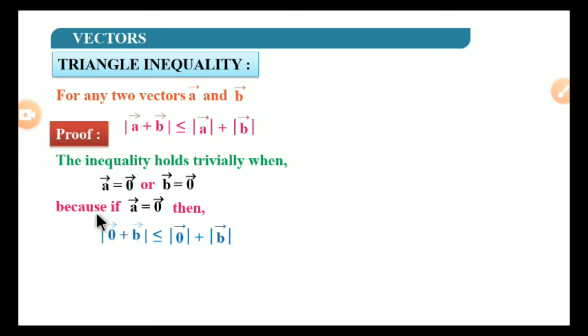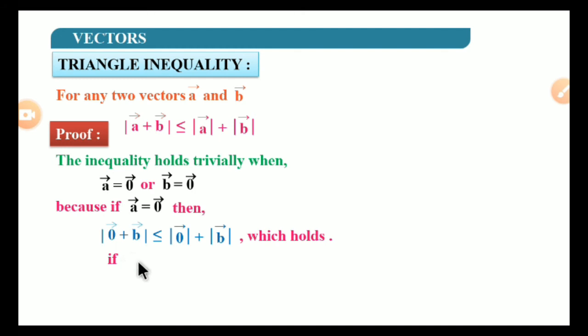After simplification it becomes the magnitude of B, which holds, because both are equal here. Both are equal means this becomes the magnitude of B only, which is less than or equal to the magnitude of 0 vector, which is 0, plus the remaining magnitude of B only, which is also the magnitude of B, and this holds true.